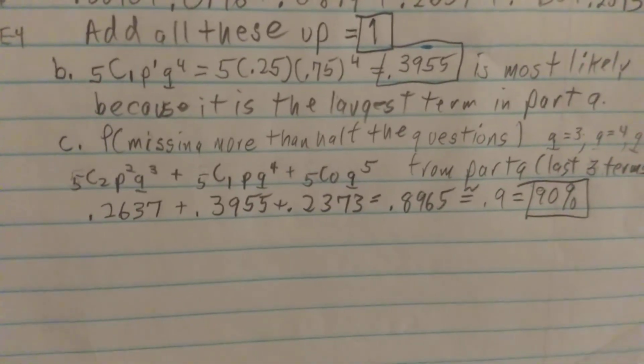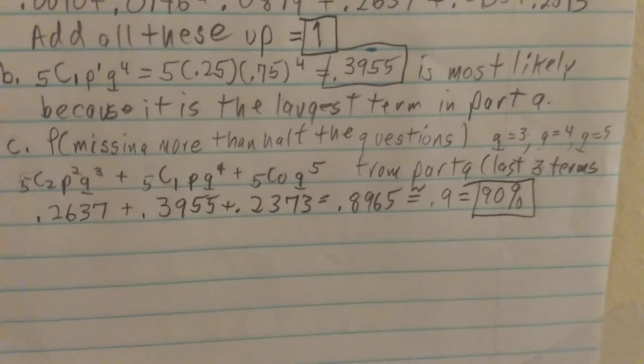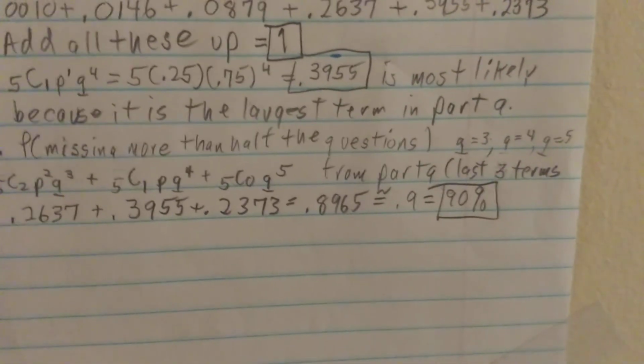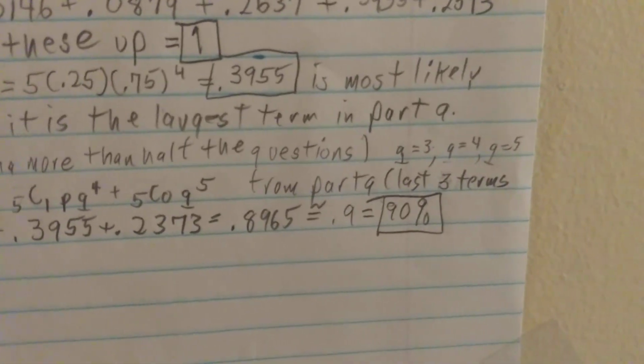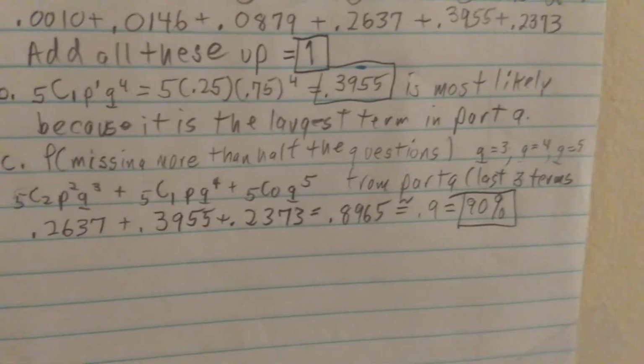Now, probability C: what's the chance of missing more than 1/2 of the questions? That would be when the number of wrong answers would be 3 or 4 or 5.